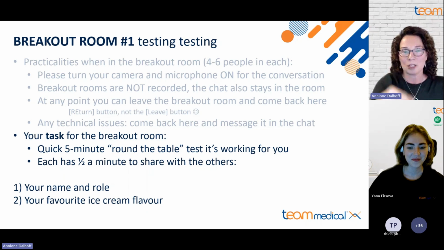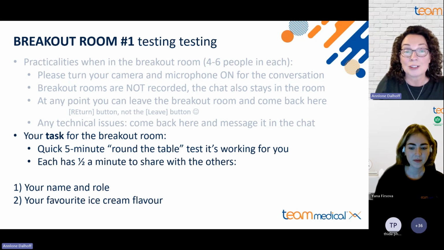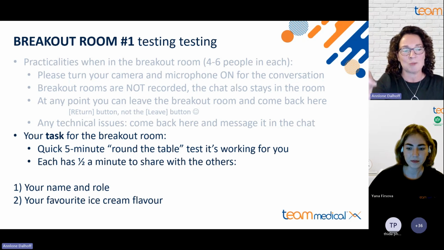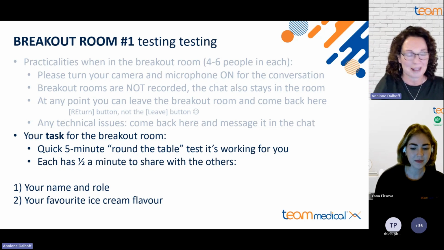It is literally to make sure all of you in that room can unmute the microphone and can share with each other. Any questions? Then put them in the chat right now so Jana can see any questions or if we're good to go. So this is just a little test of the breakout room. Quickly share your name, role, and favorite ice cream. And if you're done super fast, just come back here again.